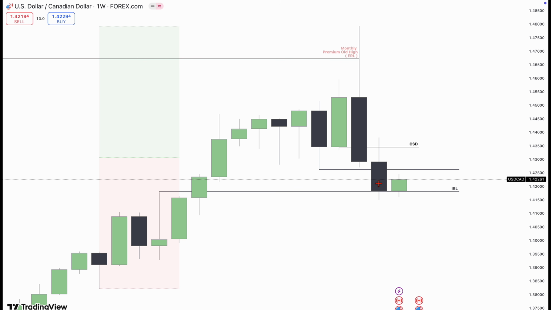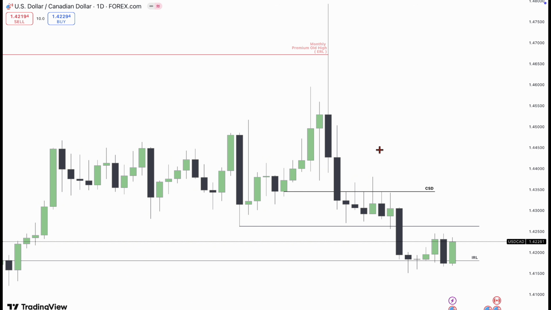And what is important, and where do we look for sell setups? This is the key. We will look for sell setups from that weekly order block, which is our higher time frame POI. So we start on the monthly, then weekly, and now we drop down to the daily chart where we look for sell opportunities.